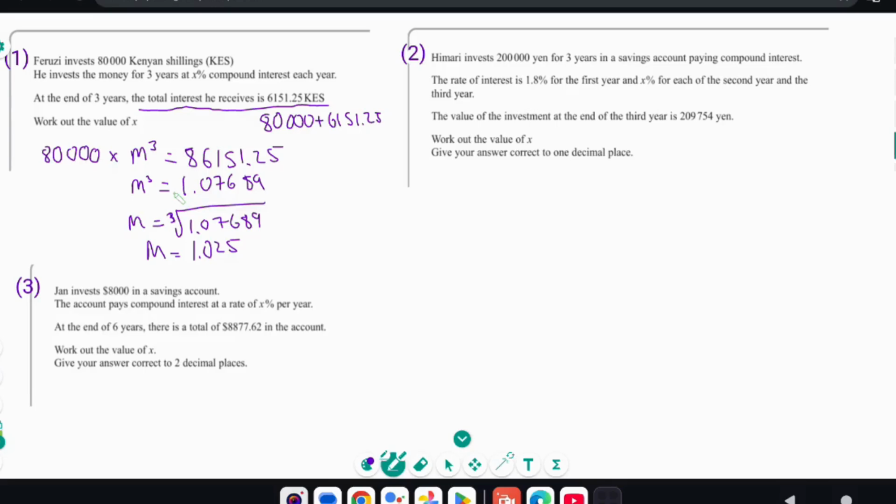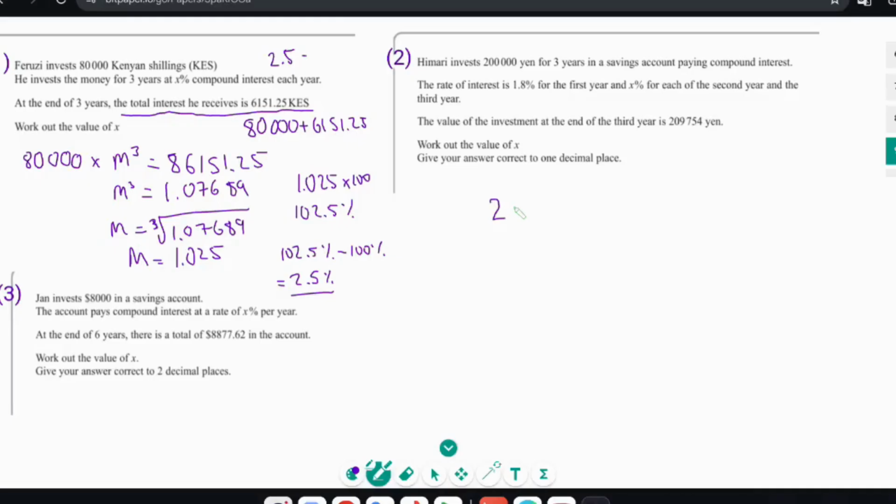Times it by 100 to change it to a percentage. Minus 100 to find the X percent. So 2.5%. So X is 2.5.